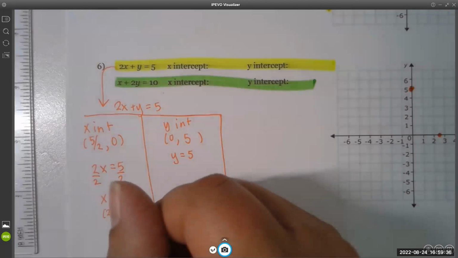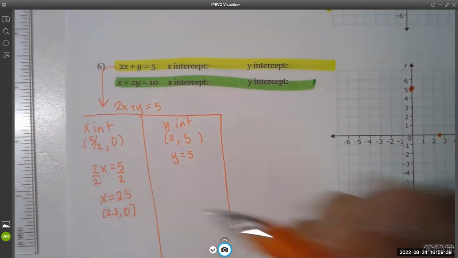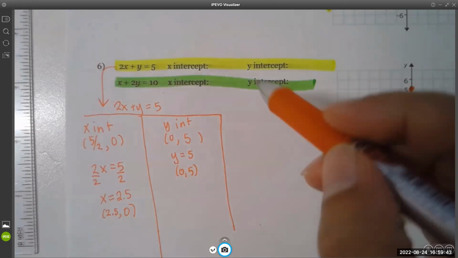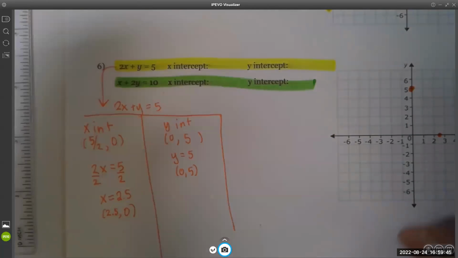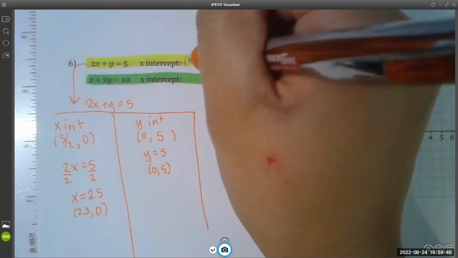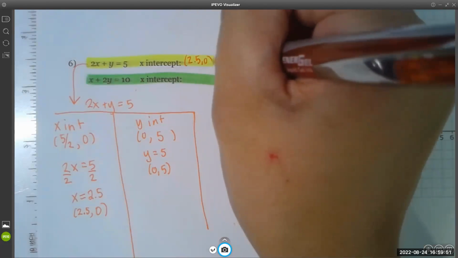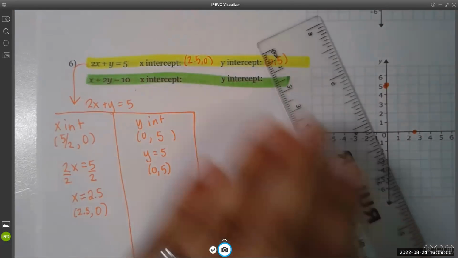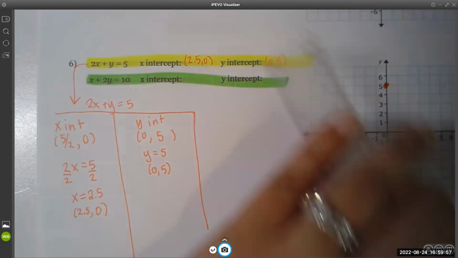So again, this is the point (2.5, 0), and then this is the point (0, 5), and they're all helping me graph this top line right here. The x-intercept is (2.5, 0), the y-intercept is (0, 5), and they're both helping me graph this top line.